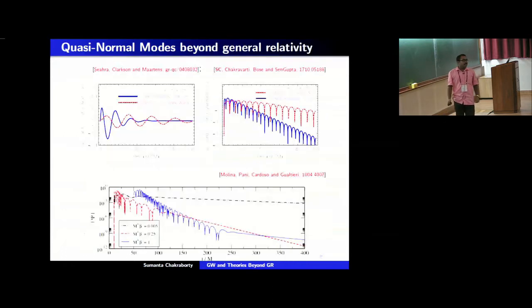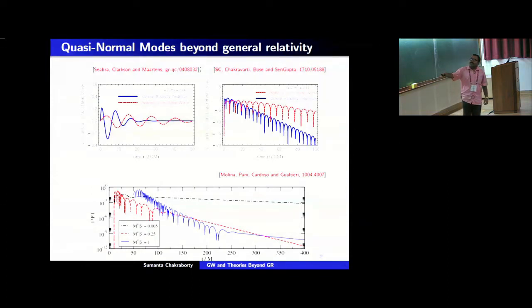So just to give you an idea of how quasi-normal modes in different gravity theories may look like. The plots on the top are for theories with extra dimension, while the plot on the bottom is taken from this particular paper, which is for another theory of gravity, which is called dynamical Chern-Simons theory.